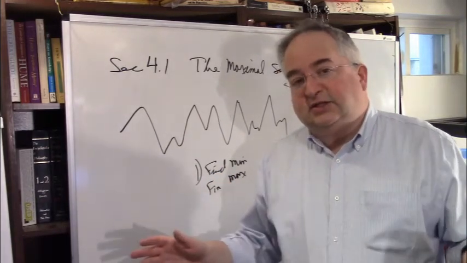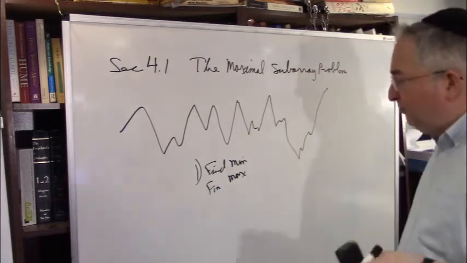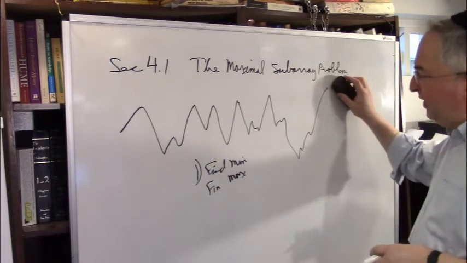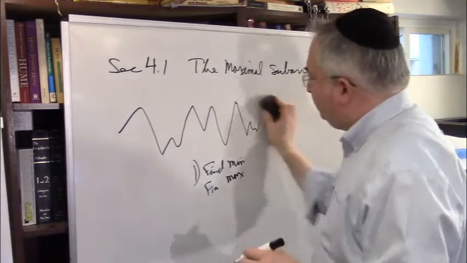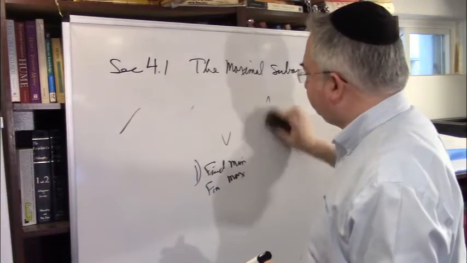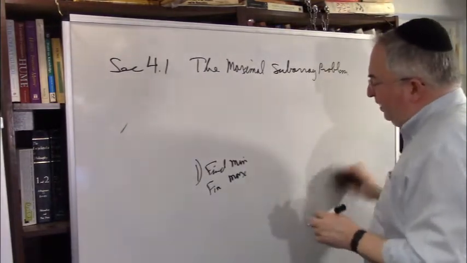In stocks, that's called the spread, the maximum spread. The problem is that that's not always true. For example, consider the following sequence of numbers.